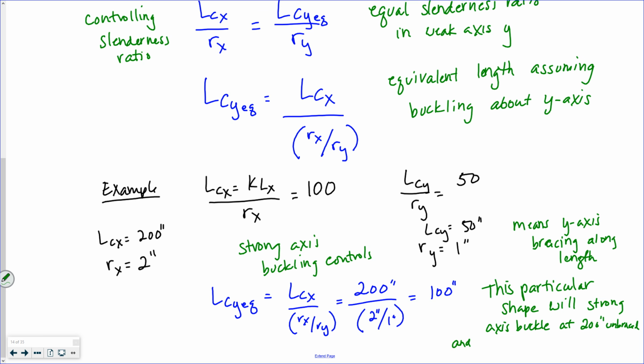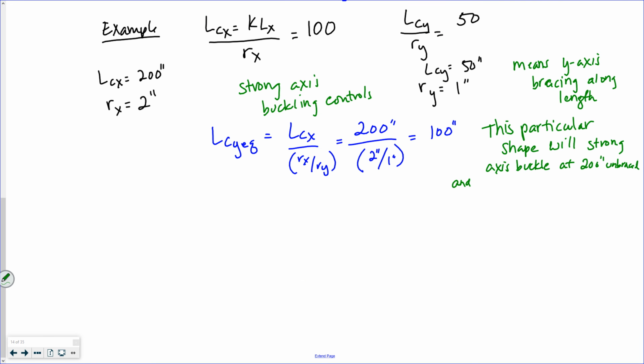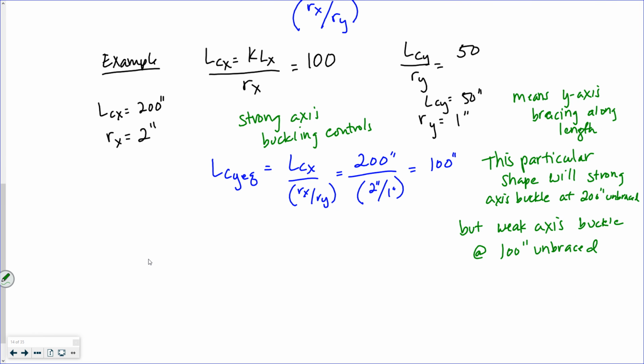And weak axis buckle at 100 inches unbraced. That's what that equivalent means.